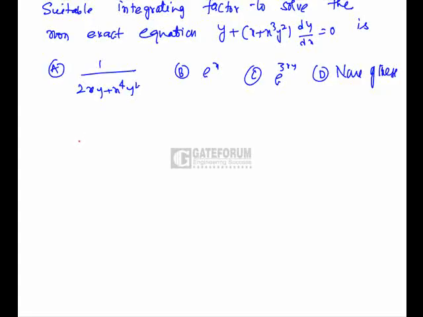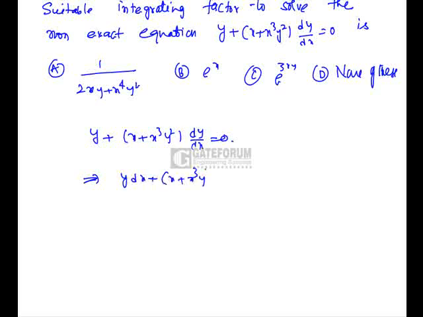The given non-exact differential equation is y plus x cube y square into dy by dx equals 0. This can be written as y dx plus x cube y square dy equals 0. Now here M is y, N is x plus x cube y square.